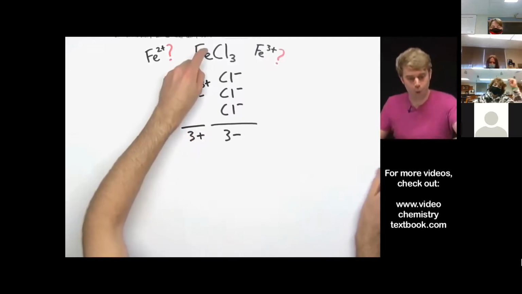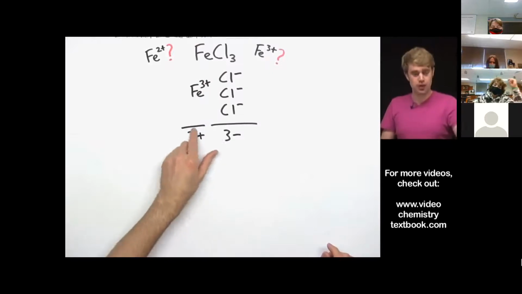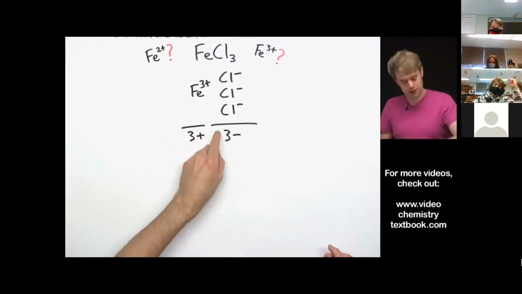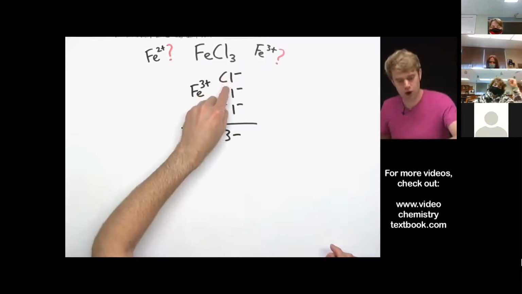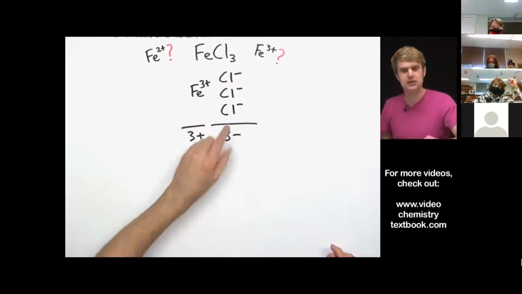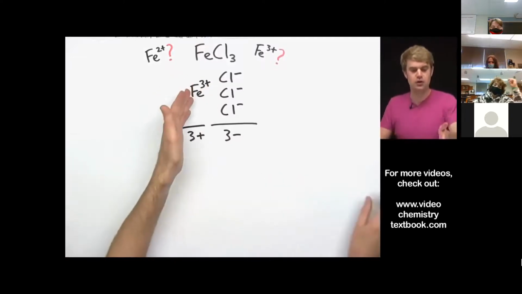Okay? So 1 ion of Fe3+ gives us 3+ of charge, which has to be balanced out by the 3- over here, which is distributed over the 3 Cl-. So that's how we figure out the charge on iron.